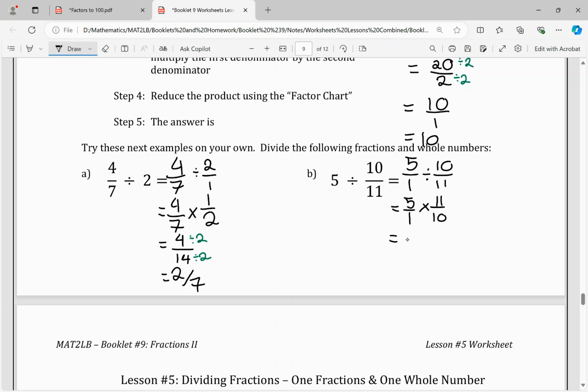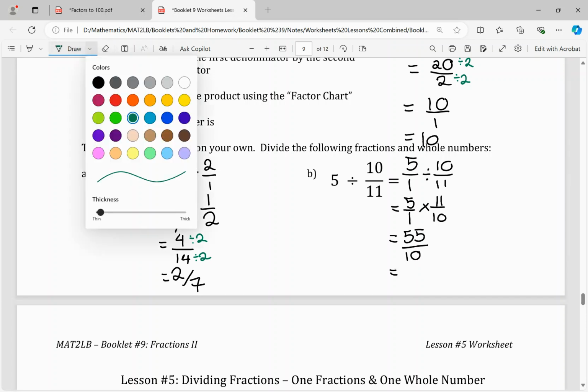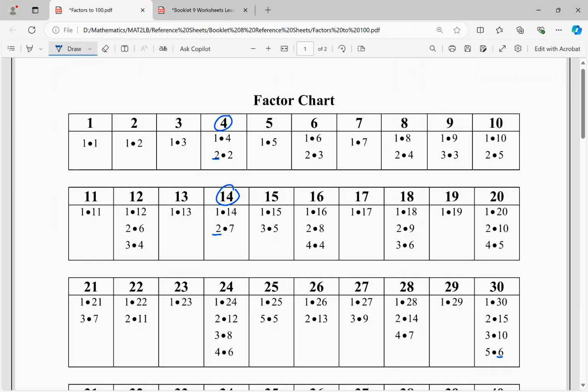Next, we can multiply the numerators. 5 times 11 is 55, and the denominators. 1 times 10 is 10.